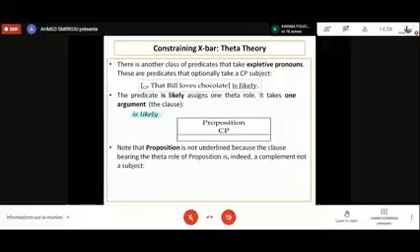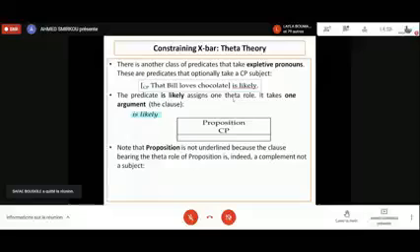So note that proposition is not underlined because the clause bearing the theta role of proposition is a complement, not a subject. Okay, so that Bill loves chocolate is likely. So that Bill loves chocolate is the object indeed, because we say it is likely that Bill loves chocolate. So the predicate is likely requires a complement, which is a proposition.